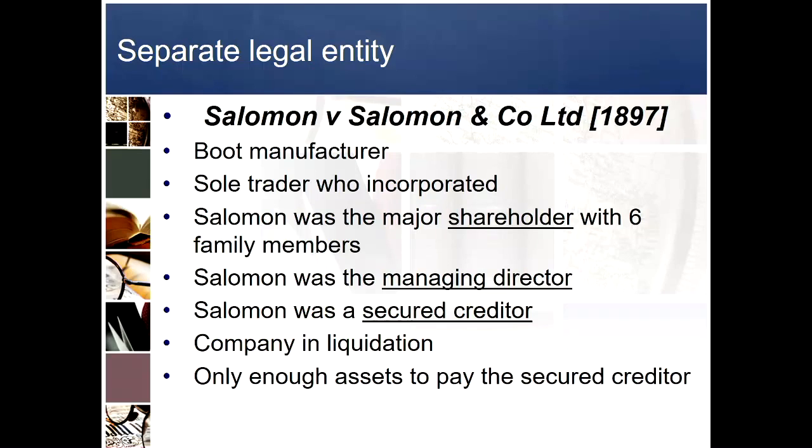What he did, though, is that after a period of time, he decided to effectively operate the business through a company. How did he give effect to that? Well, he created a company and he sold the business to the company.